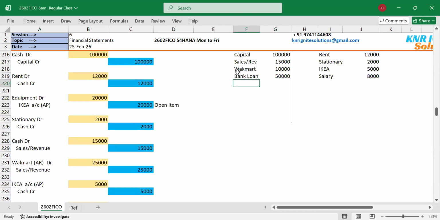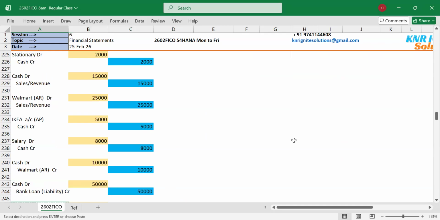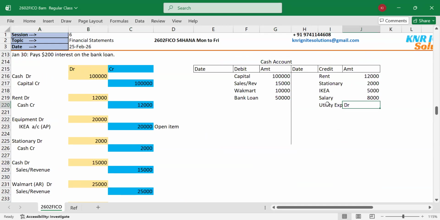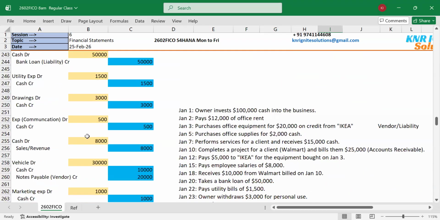Then what else we have? The next one, if I continue to see that, bank loan is done. Utility expenses, the cash is getting credited with the utility expenses of 1,500. Utility expense is done, and what else remains?